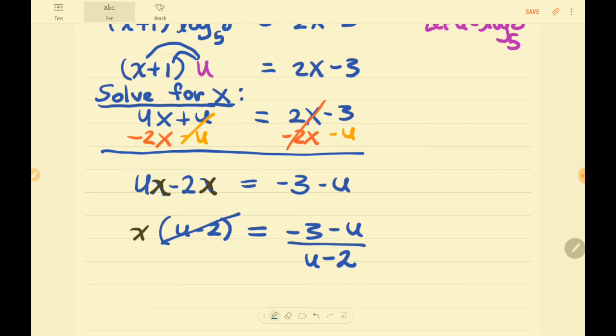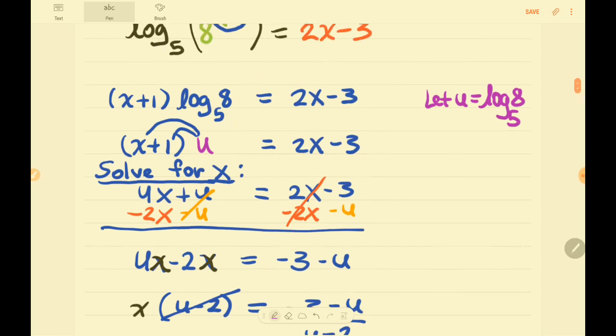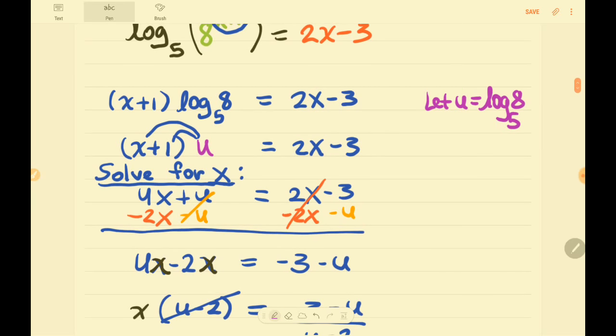And then evaluate by back substituting. So now I have X equals -3 minus U divided by U minus 2. So I'm going to back substitute my value. U equals the log base 5 of 8.